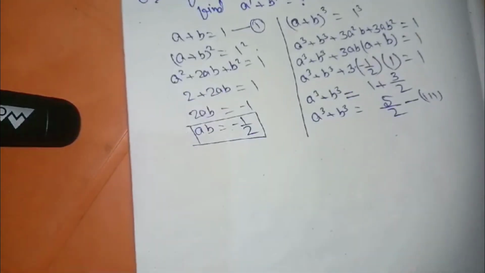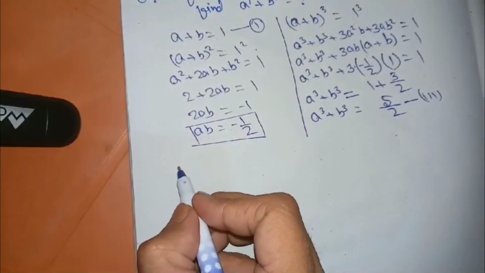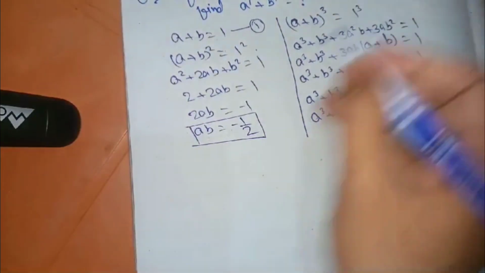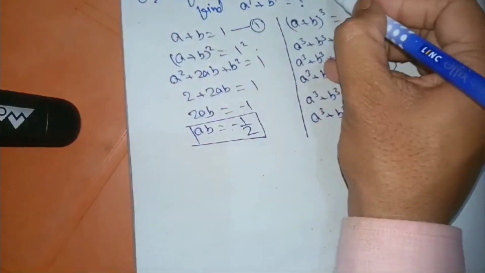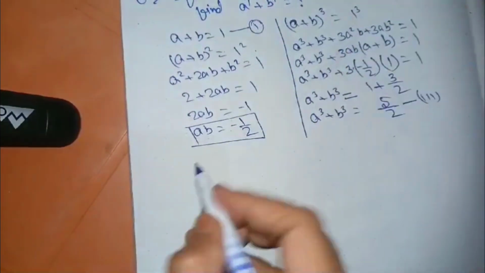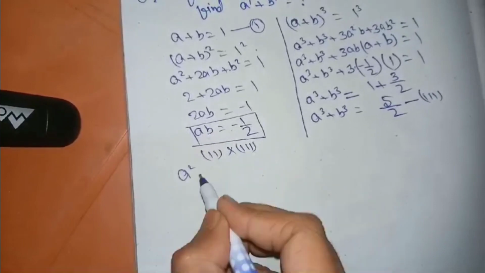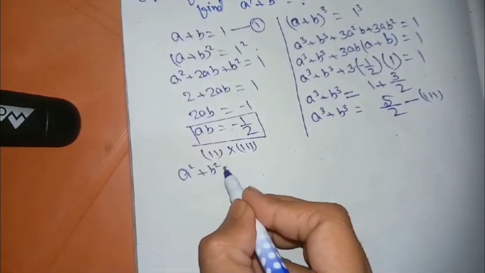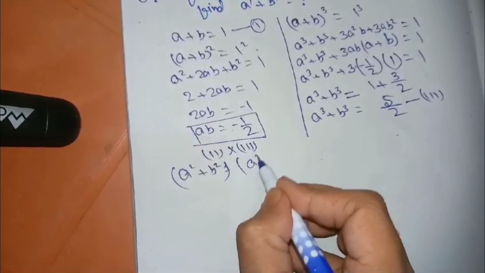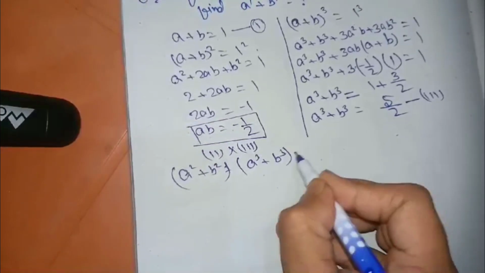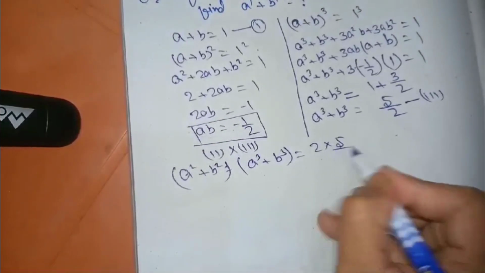Now we are going to multiply equation 2 and equation 3. Our equation number 2 is a square plus b square. So multiplying 2 and 3, (a square plus b square) into (a cube plus b cube) equal to 2 into 5 by 2.